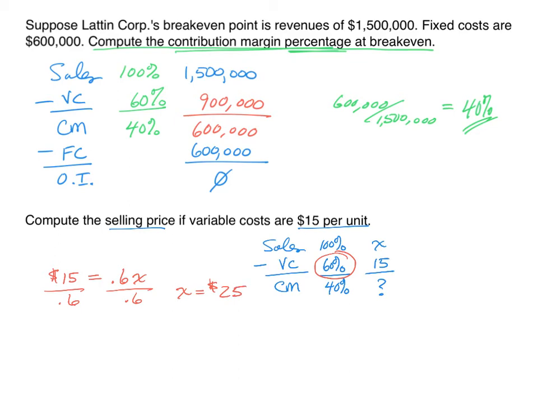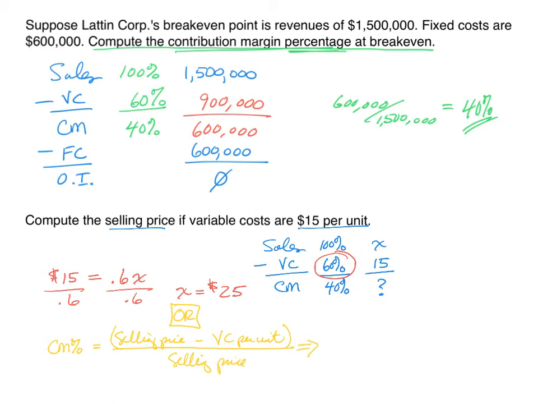Now another way you could do this, again depending on how your brain works and how you want to see the picture itself, we know that contribution margin percent is equal to the selling price minus variable cost per unit, divided by the selling price.